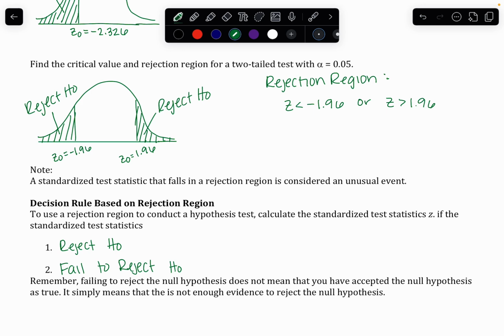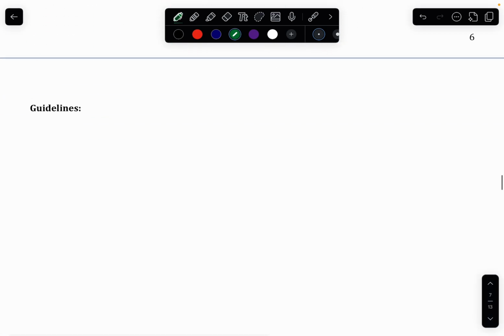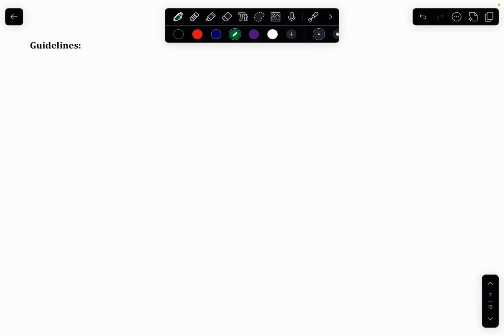Remember, failing to reject the null hypothesis does not mean you've accepted the null hypothesis as true. It simply means that there's not enough evidence to reject the null hypothesis. Remember, if you want to support a claim, we need to rewrite it so that it is part of the alternative hypothesis.